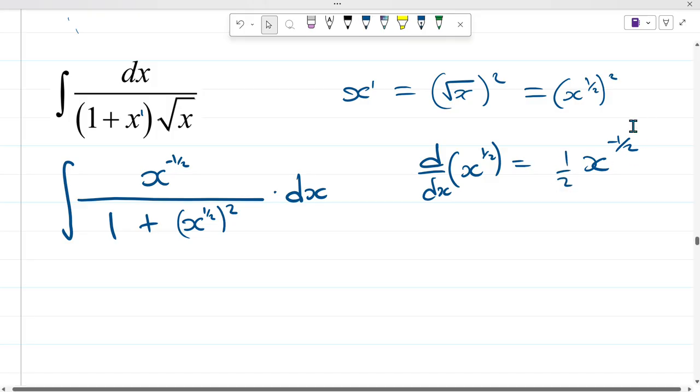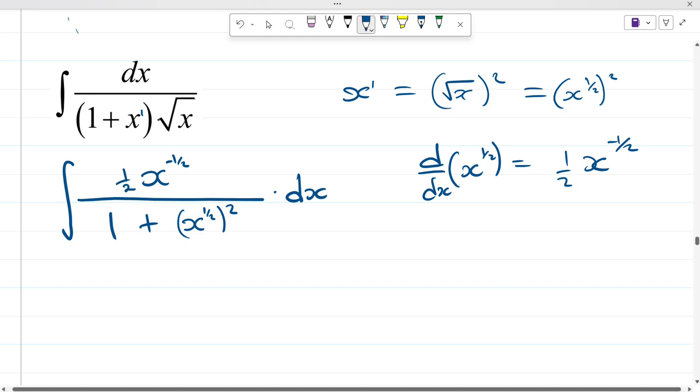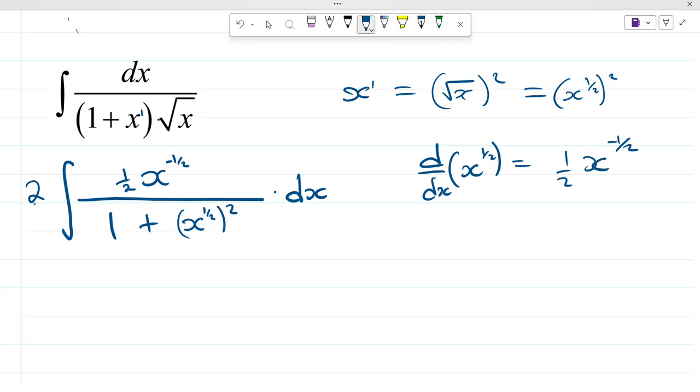What's missing? I already have the x to the power negative half, but I don't have the half outside. So I can just put the half and then cancel it out by putting a 2 outside.